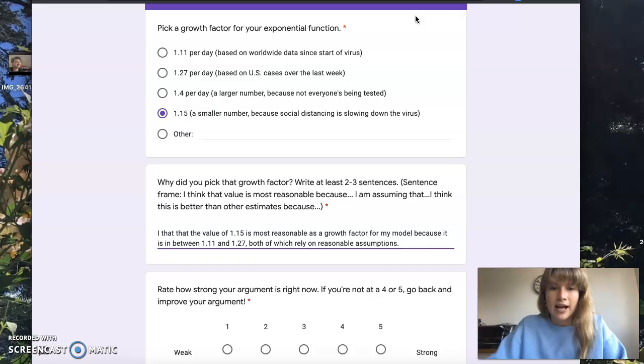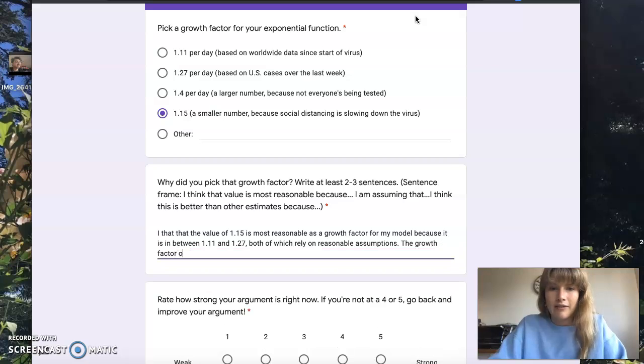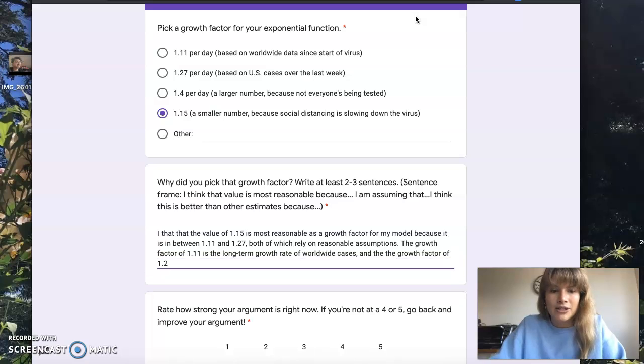So let's say the growth factor of 1.11 is the long-term growth rate of worldwide cases, and the growth factor of 1.27 is the growth of cases in the US in the past week.